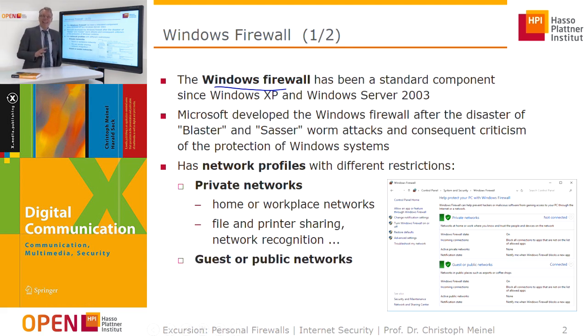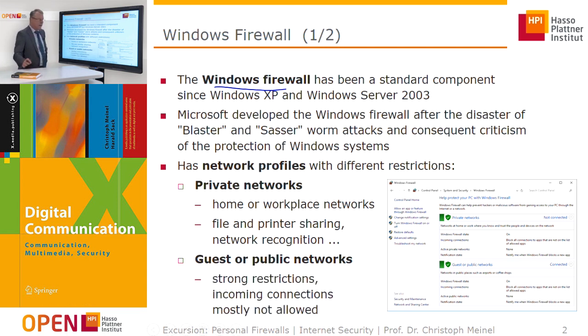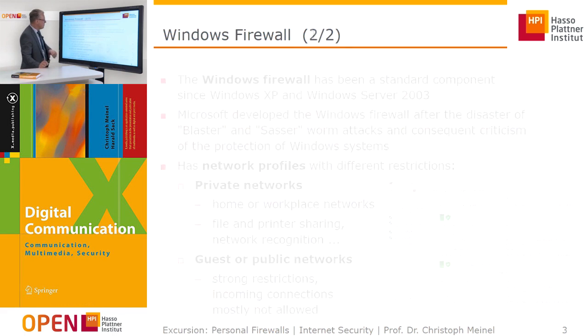And there is the profile of a guest or public network, with relatively strong restrictions for incoming connections, which are mostly not allowed. This question, by the way, you are asked if you connect to a new network, which of these two profiles you want to apply.